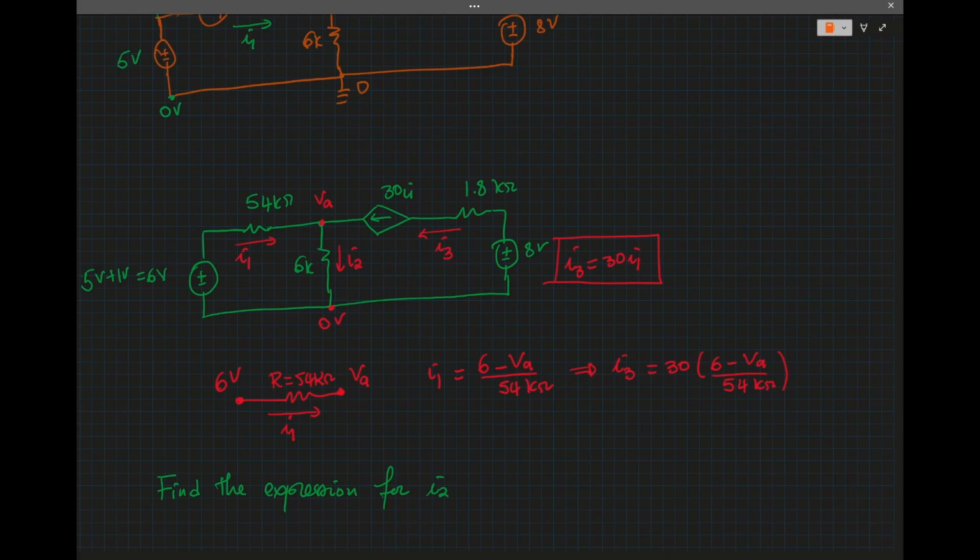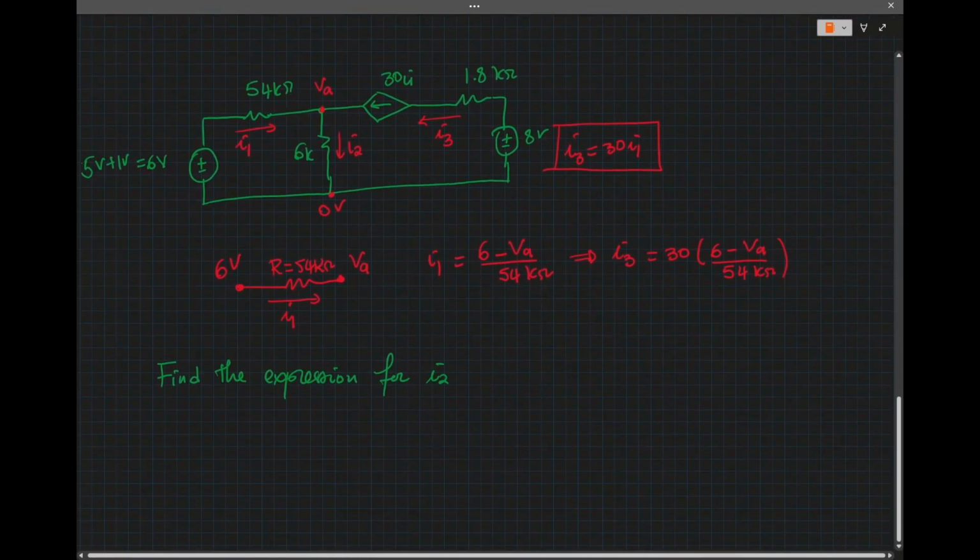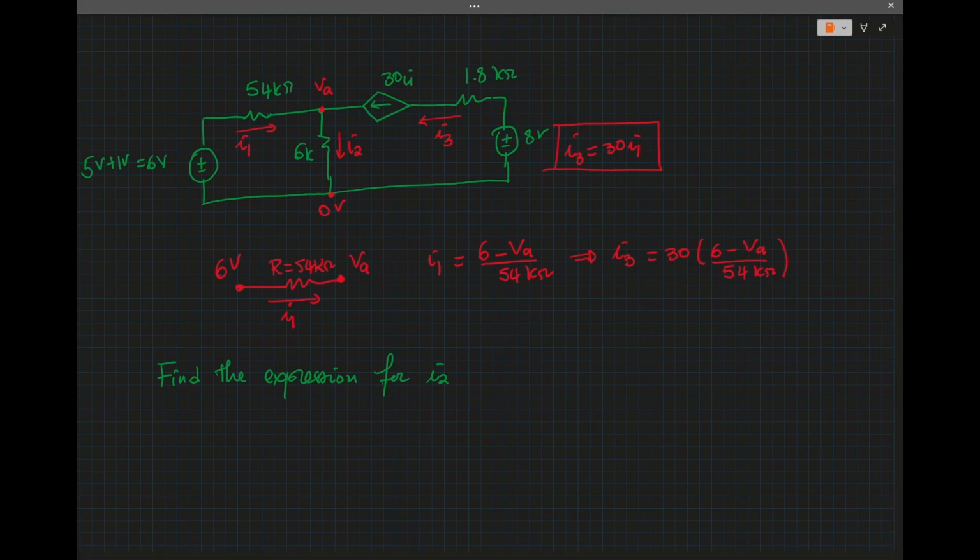Then we know the number of equations that we're going to write, and those equations are going to be in terms of the node voltages. Right, so we know I1 in terms of the node voltage, we know I3 in terms of the node voltage, and what we wanted to find out now is I2.